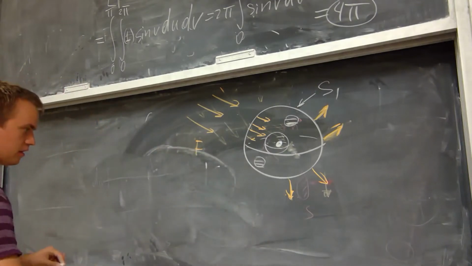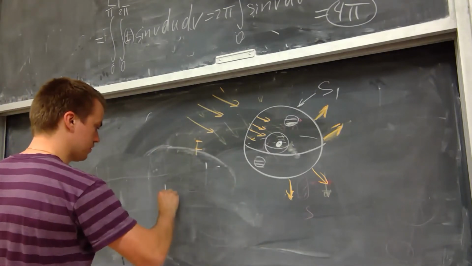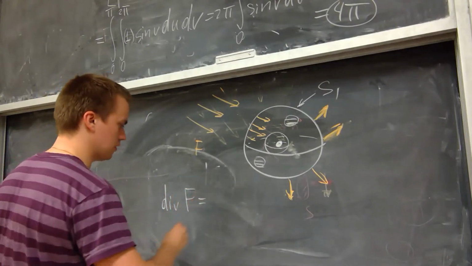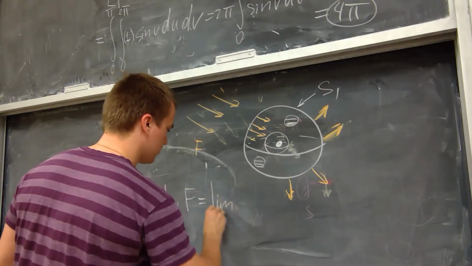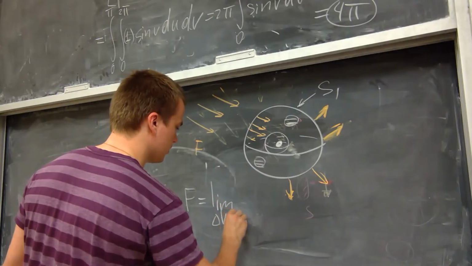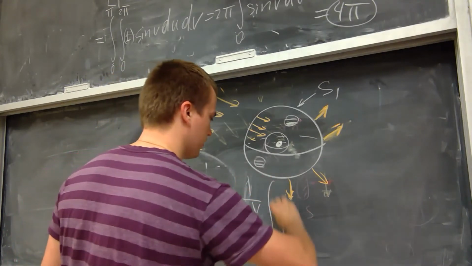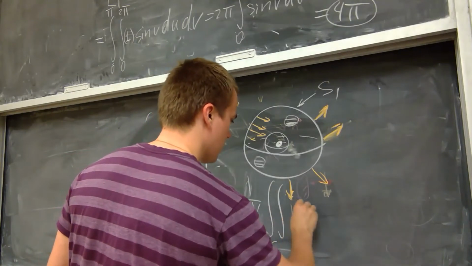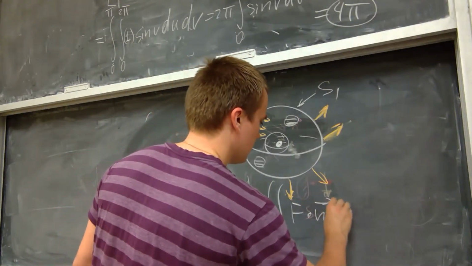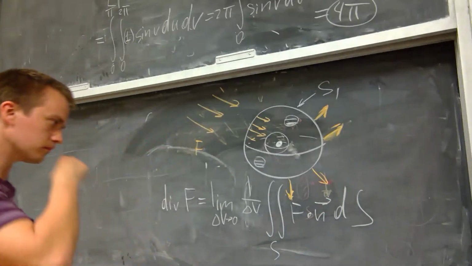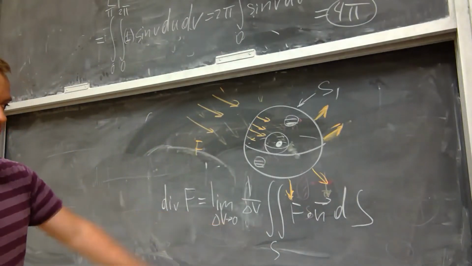So I have the divergence of the vector field F. Let's write it down here. The divergence of F is going to be exactly the limit as delta V goes to 0 of 1 over delta V times the double integral over S of F dot n dS. And this is the definition of divergence.